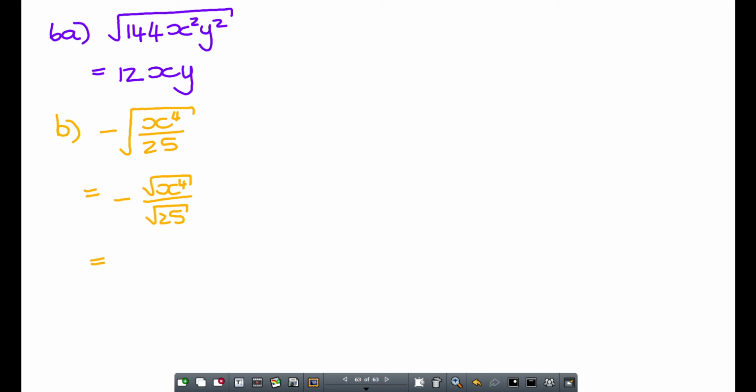All right. Okay, let's carry on. So, I can break this up and say that will be the same as minus, and then the x to the power of 4. I'll show you that on the side. On the side here, x to the power of 4. Okay. Do you guys agree that that will be the same as x squared times x squared?